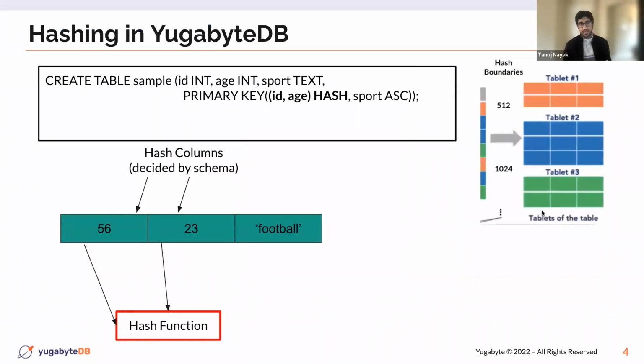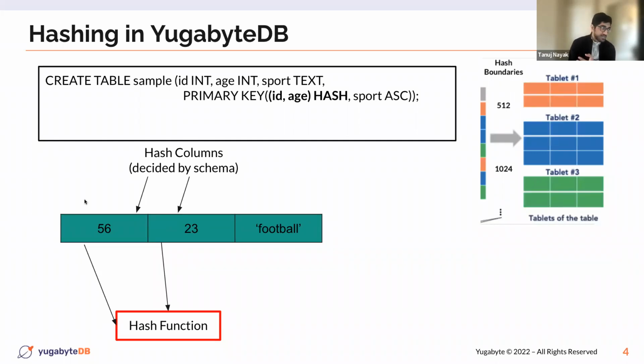Let's take a more concrete example. Say we have a table with 3 different columns, and any subset of the columns can be designated as what we call hash columns by the creator of the table. In this example, we choose the first 2 columns as our hash columns. These hash columns are used to determine what is called the hash value of the row.